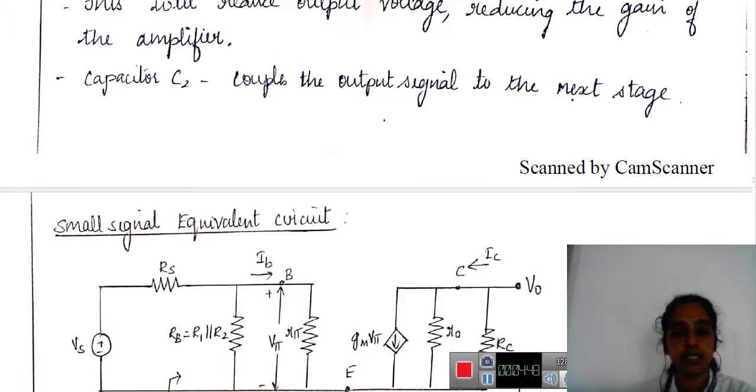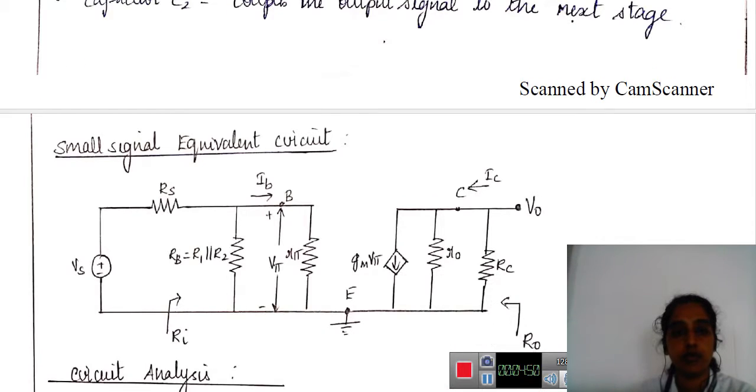So let me see the equivalent circuit of the CE amplifier. I have source resistance, source voltage. I have R1 parallel to R2 base resistance. I have the equivalent circuit of the transistor. Output I have internal resistance R0 and collector resistance RC.